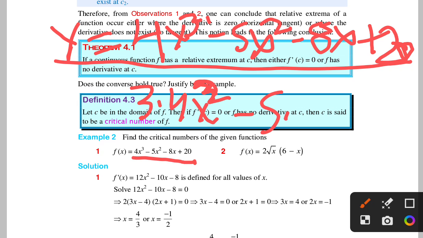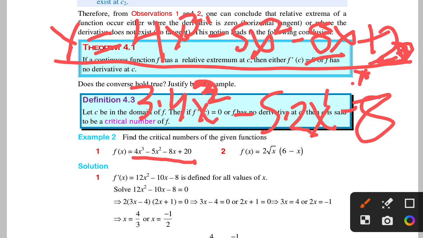Minus 5 times 2x, because 2 minus 1 is 1. For minus 8x the derivative is only 8, because x has degree 1, and 1 minus 1 is 0, so 1 times 8 is 8. And when we derive the constant 20, the result is 0.